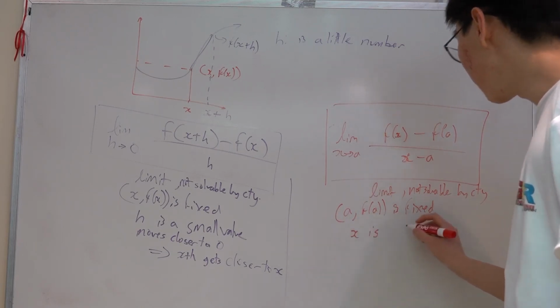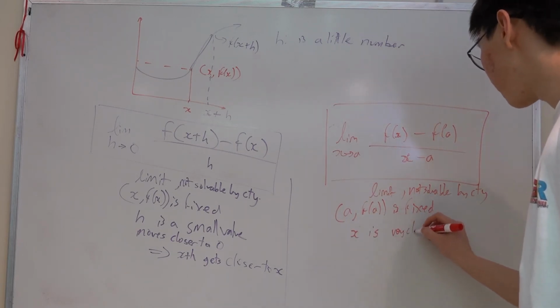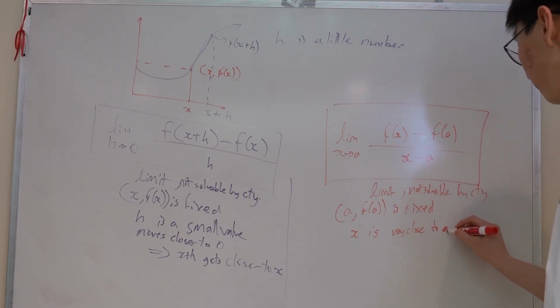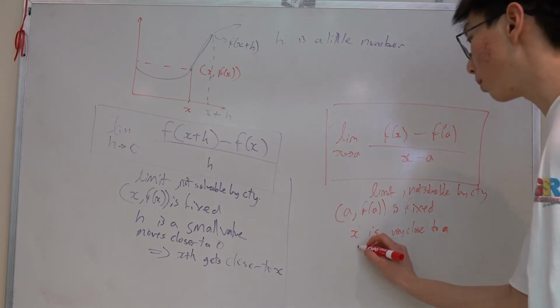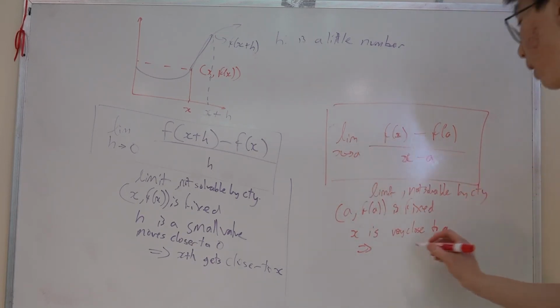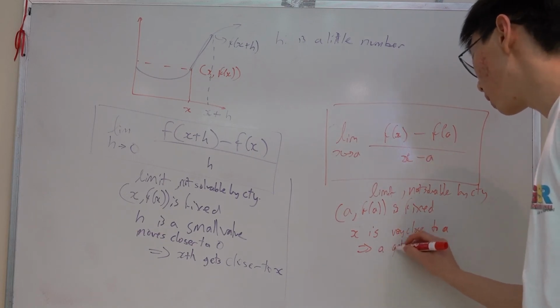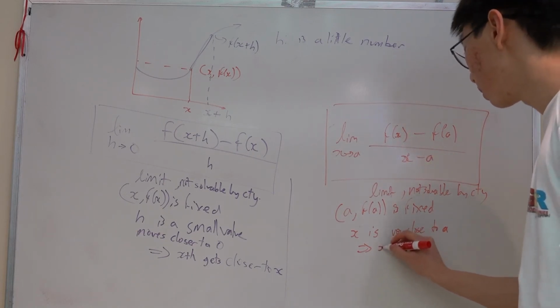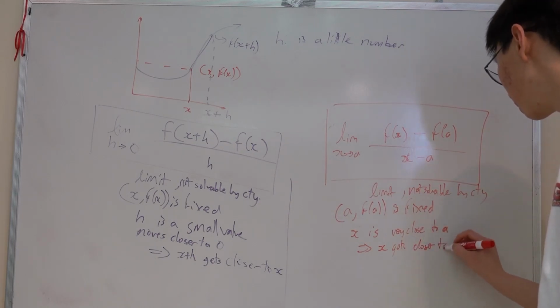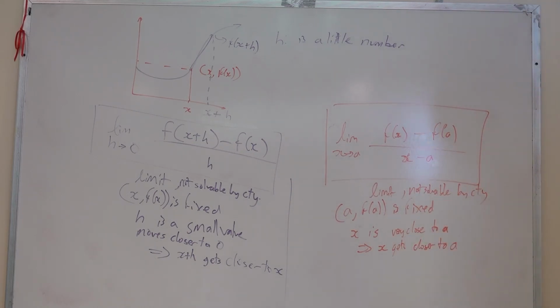X is very close to a, right? And what we want is for x to move closer and closer and closer to a. So x gets closer to a, right?